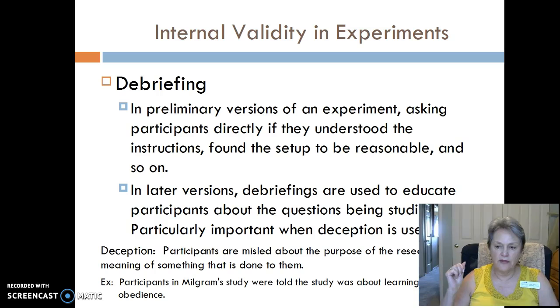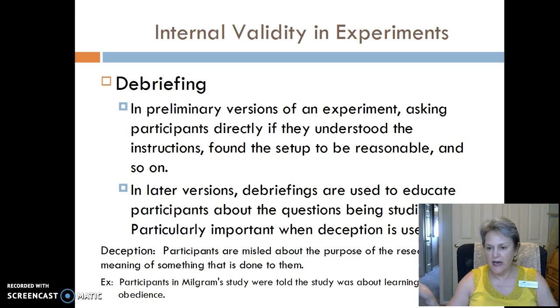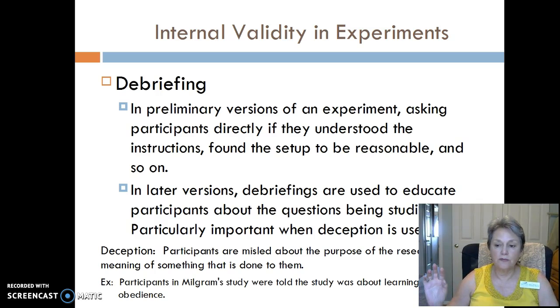In the informed consent, they told these participants that they were going to be trying to learn more about how people learn and memory, when in actuality it was really all about obedience, and specifically obedience to authority.